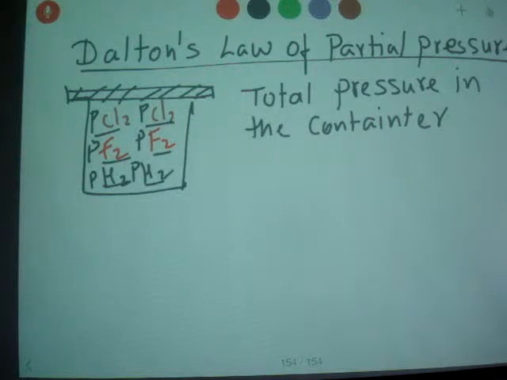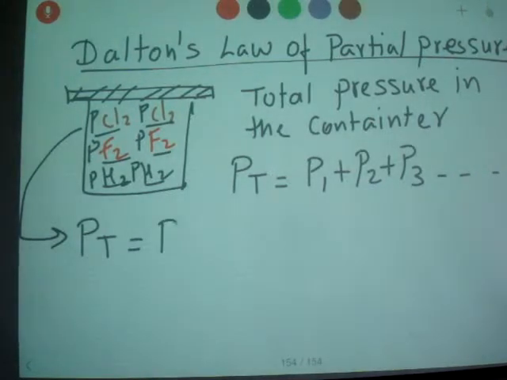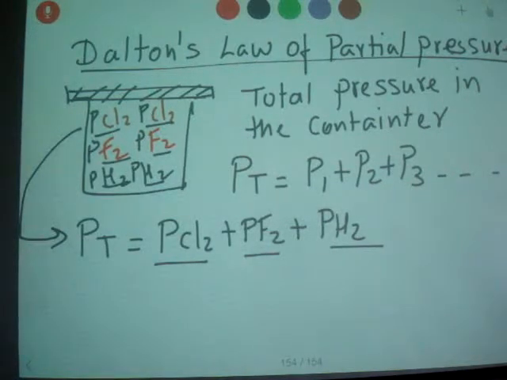So Dalton gave a law of partial pressure: Pt equals P1 plus P2 plus P3, and so on. In this case, the total pressure in this container is PCl2, PF2, and PH2, which means the partial pressure of each particular gas.